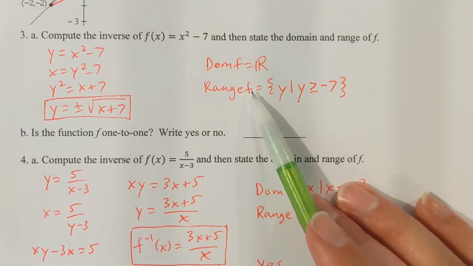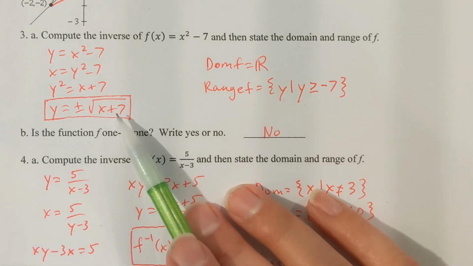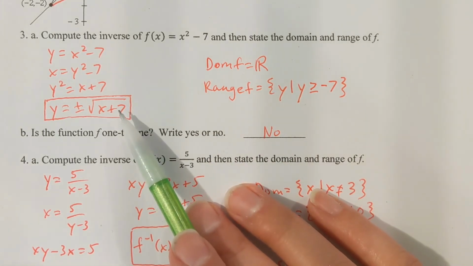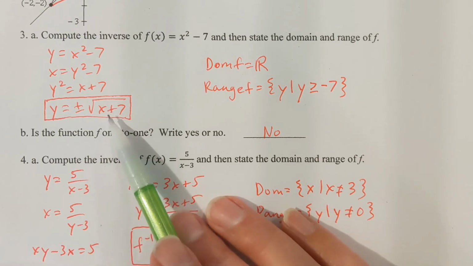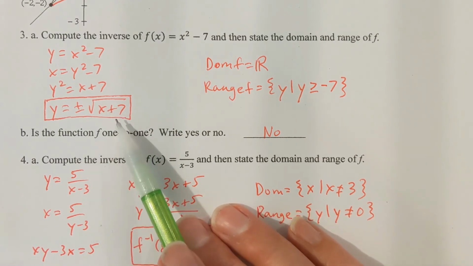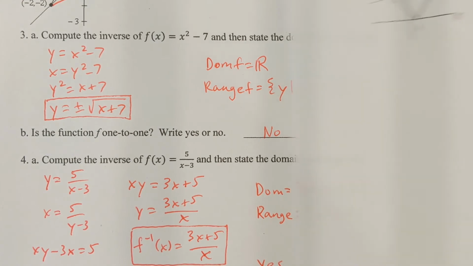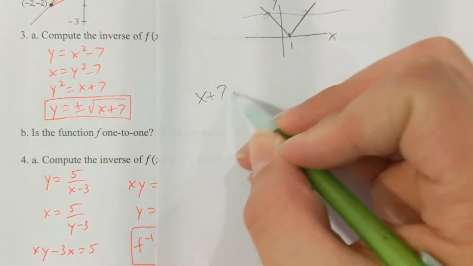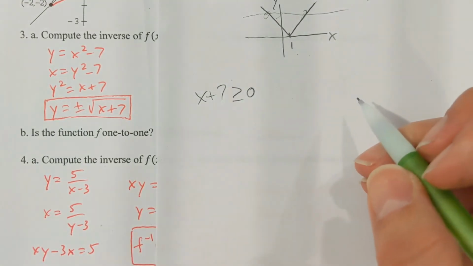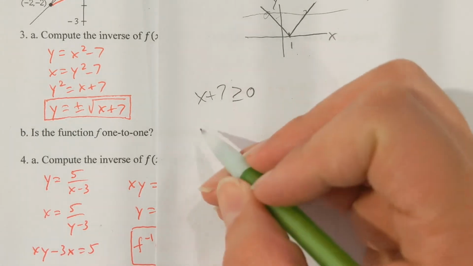One option would be to state the domain of the inverse. The range of a function is always going to be the same set of numbers as the domain of the inverse. Okay, so domain means I'm talking about x here. With what I have circled, what are the conditions on x? Well, I know that I want x plus 7 not to be a negative, since the square root of a negative is not a real number, it's an imaginary number, right?